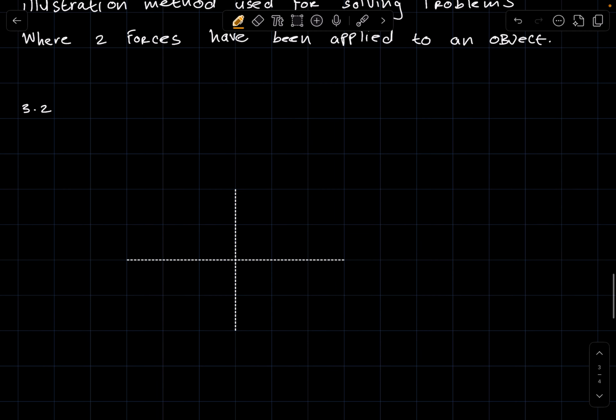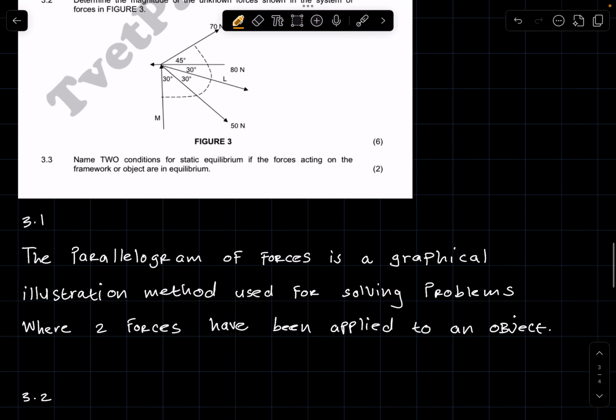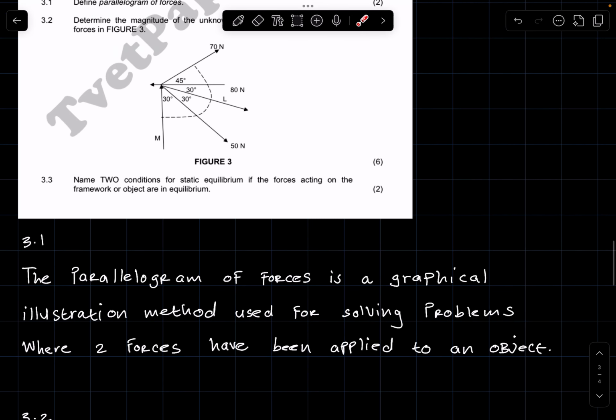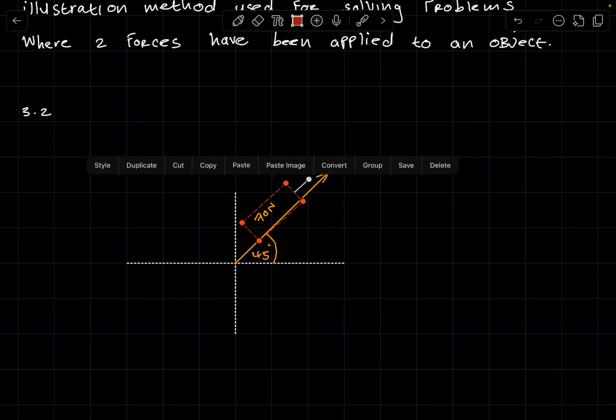So we have the 70 newtons. It is headed in that direction, making an angle of 45 degrees with the horizontal. This is 70 newtons.